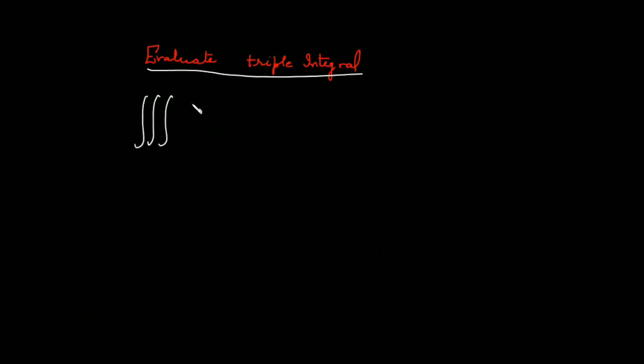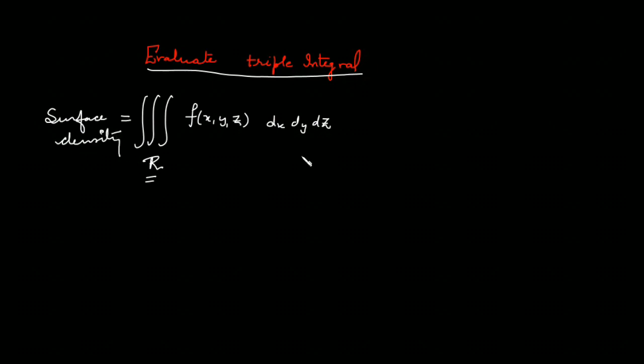Now next is to evaluate a triple integral. A triple integral of a function of three independent variables is taken with respect to each variable over some region. It represents the surface density, right?